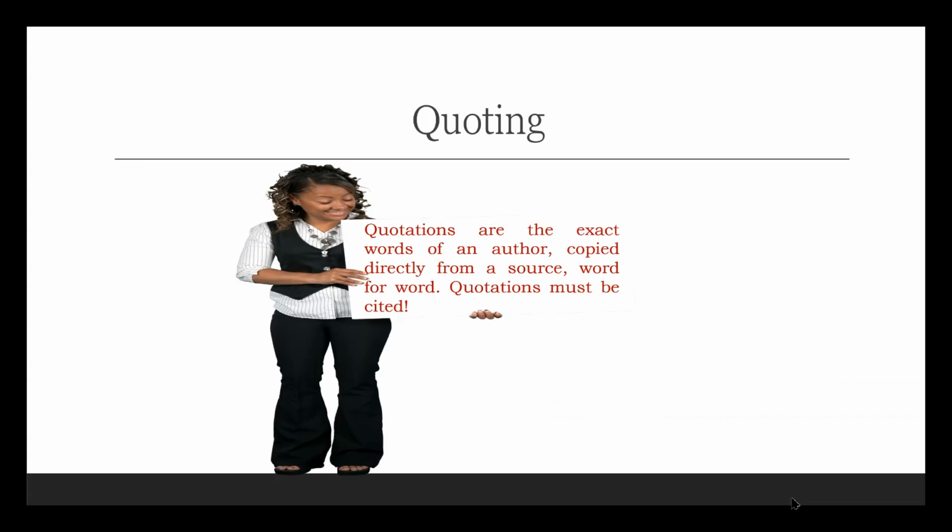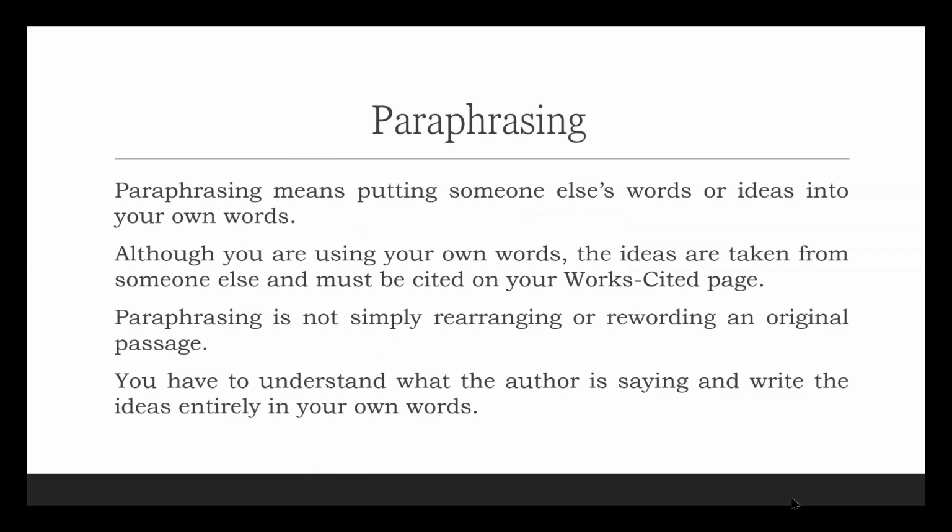Quoting. Quotations are the exact words of an author copied directly from the source, word for word. Quotations must be cited. Whatever you are going to take, quotations should be cited. Paraphrasing. Paraphrasing means what? You are going to be changing the words, or we can say we are going to be rewriting some sentences.